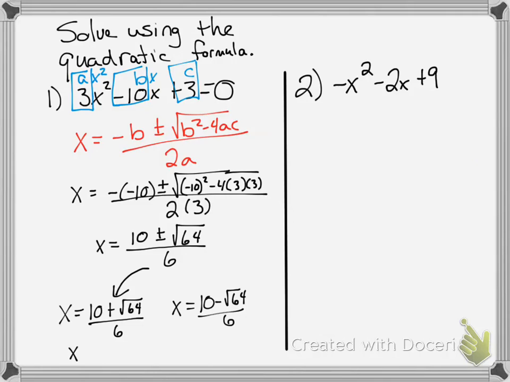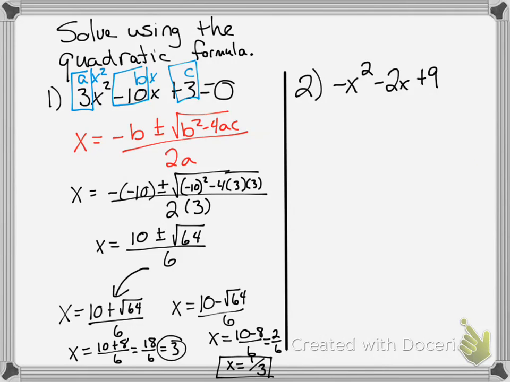So the first one, the square root of 64 is 8, so I've got 10 plus 8 divided by 6, which is 18 divided by 6, which is 3. That's my first answer. For my second answer, I have x equals 10 minus 8 over 6, which is equal to 2 over 6, which tells me my second answer would be 1 over 3 when I'm finished.